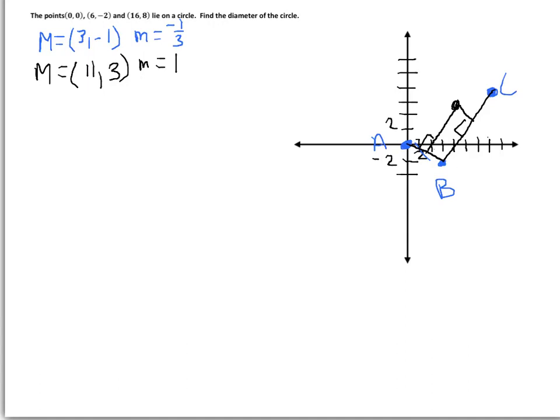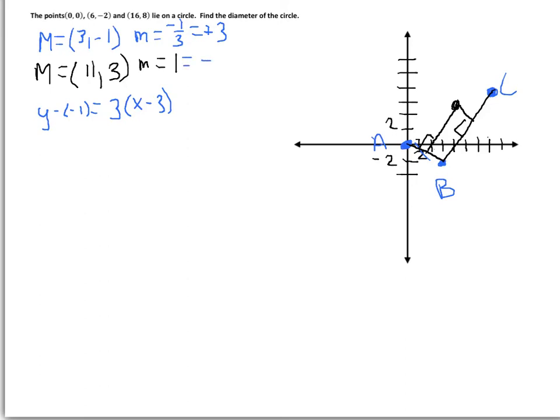Okay. So now, for the blue line, you have y minus negative 1 equals 3 times x minus 3. Because remember, for our perpendicular one, you do the negative reciprocal, so it would be positive 3.